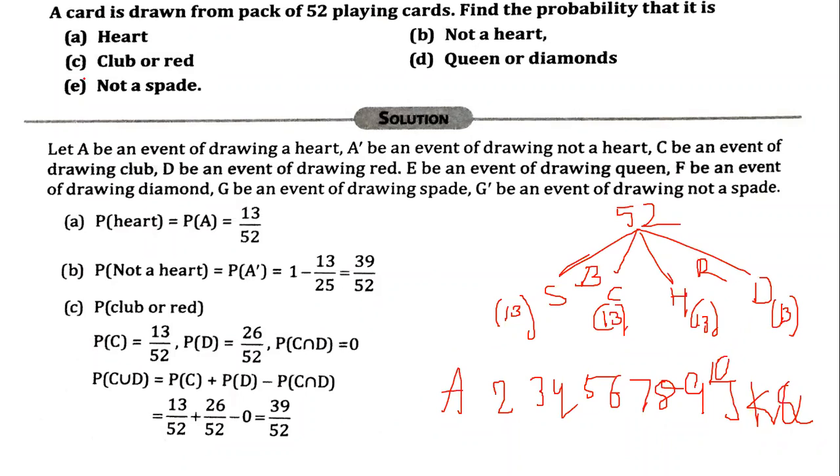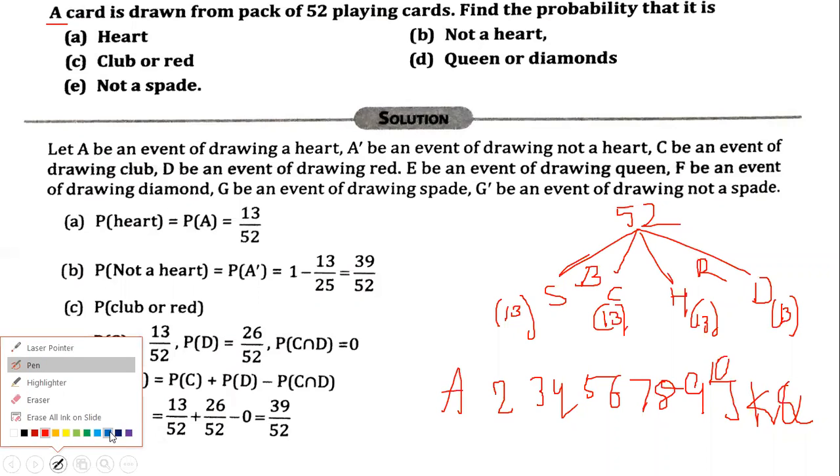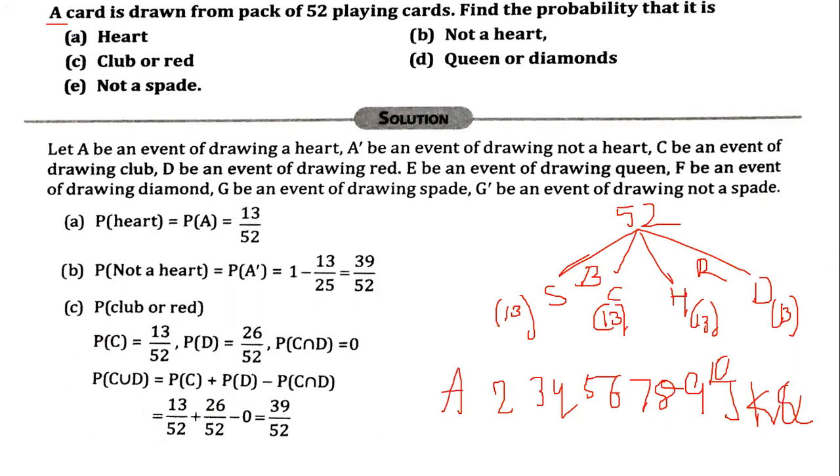Now let us define the event as per each question. Let's read the question once again. A card is drawn from a pack. A card means only one card is drawn from a pack of 52 cards. What is the probability that the card they drew is a heart card?